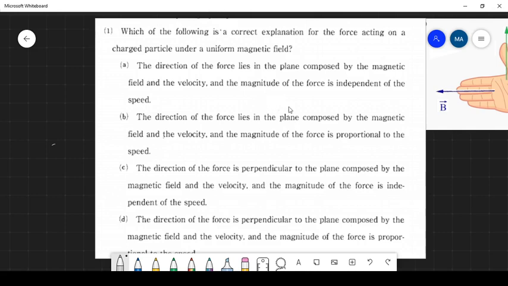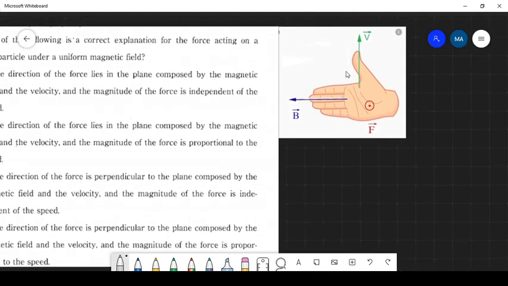Look, for this one, there are many questions over here, but what is he asking you? He's asking you about this rule. Remember the right hand rule. If you put these fingers where the magnetic field is and the velocity over here, you will have the force acting outside of your screen. It's pointing to you right here.